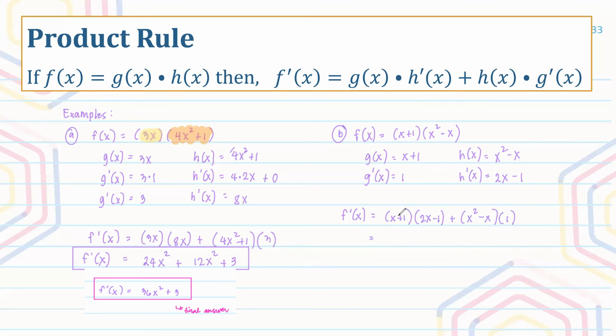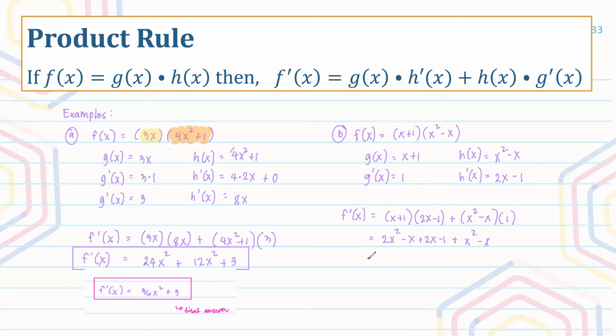Okay, let's multiply. So we have here x plus 1 times 2x minus 1. So we have here 2x squared minus x plus 2x minus 1. Okay, plus x squared minus x times 1 is just x squared minus x.